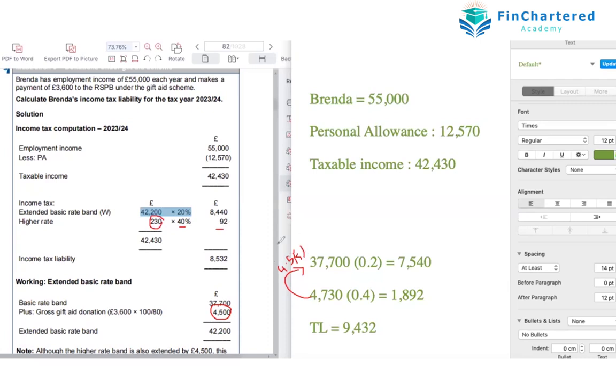Because of this movement, the tax liability for Brenda has become 8,532. Without giving charity, her tax liability would be 9,432. So again, she has got a relief.